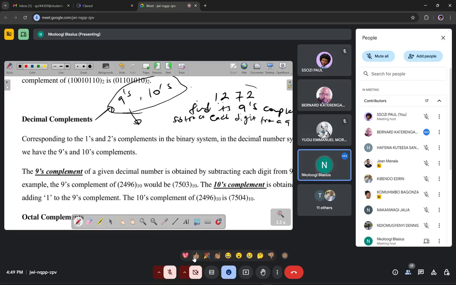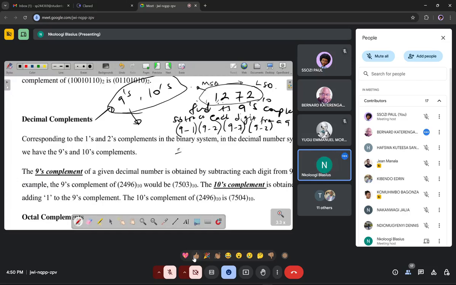So in this case, this is the number which is in base 10, and we want to get its nines complement. What would we do? We would get a 9 and subtract from the first digit, starting with the MSD and going to the LSD. So I would have 9 minus 1, 9 minus 2, 9 minus 7, and 9 minus 2.